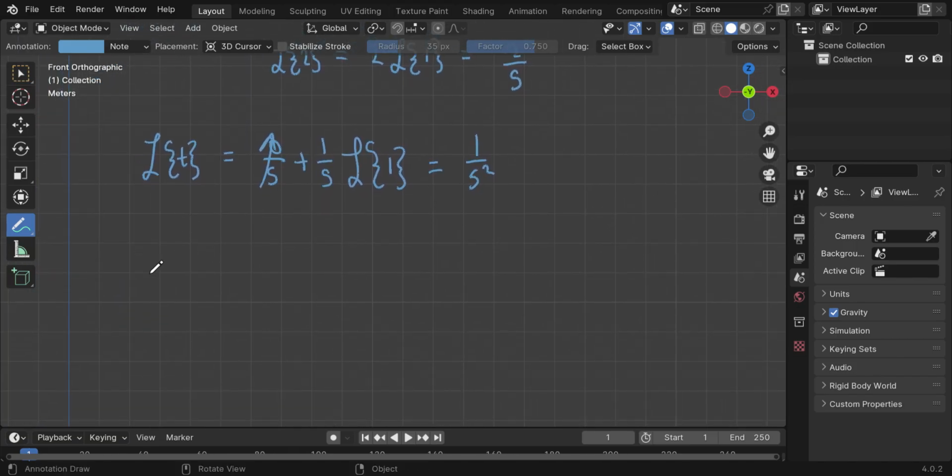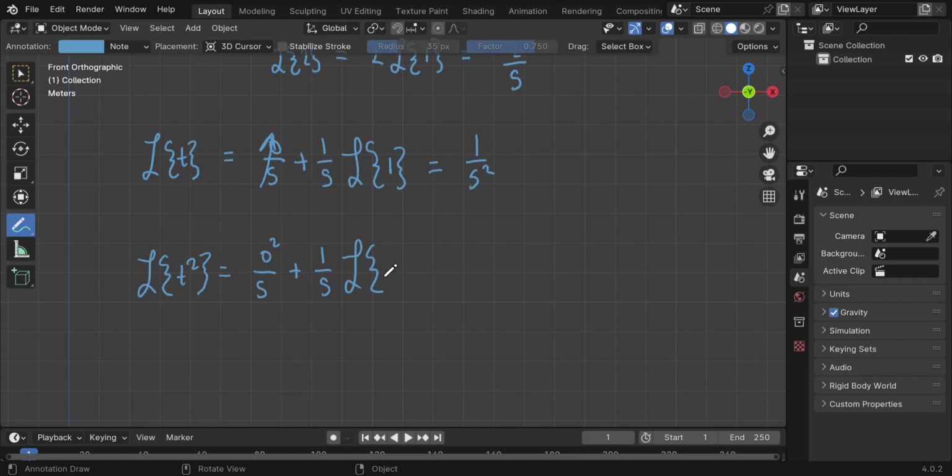I'll do one more example. The Laplace of t squared is equal to f0 over s, which is still 0 squared over s if you want, plus 1 over s times the Laplace of the derivative of t squared.